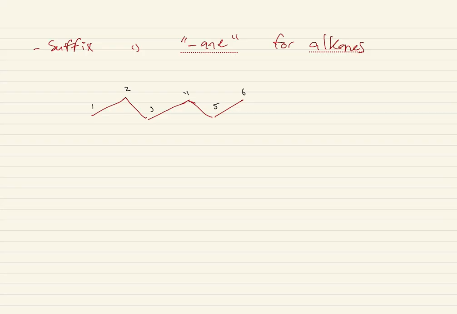We have 6 carbons, so the prefix should be what? Hex. Are there any double or triple bonds in this molecule? Nope, so what should the suffix be? Ane, right? There's no double or triple, so it's ane. This is only single bonds, and this is because there's 6 carbons.